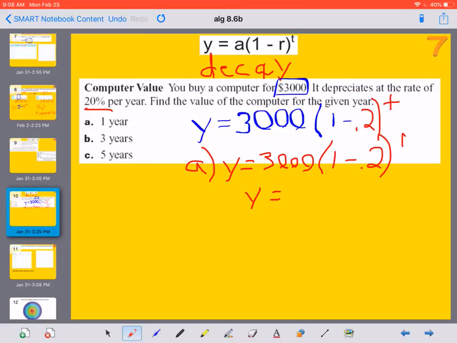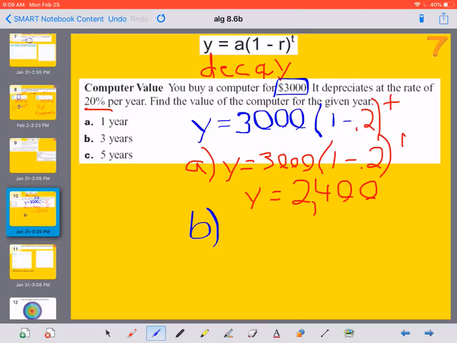So for 1 year, y is going to be, now put this into your calculator, 3,000 parenthesis 1 minus 0.2 to the power 1. We get 2,400. So after 1 year, this computer is worth $2,400.